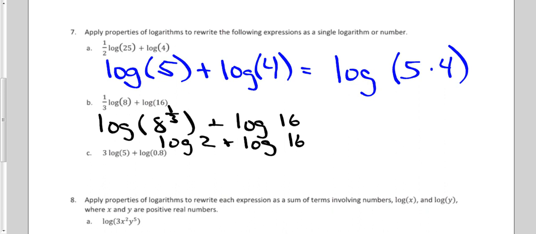And then I can crunch those logs together. What do I do with the 2 and 16? Multiply them, baby. All right, so I multiply them. So I get the log of 32, yes? Do letter C.